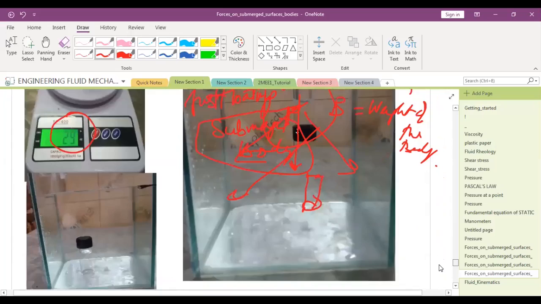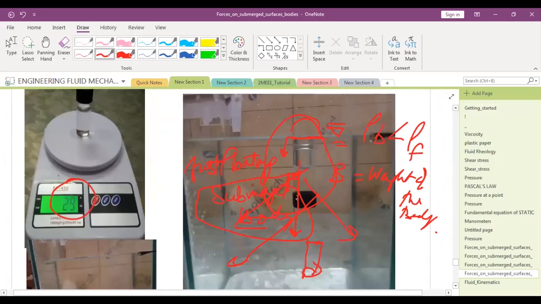So this was a fully submerged body. So what do you see? अगर आप इस ब्लैक पोर्शन को ऊपर करने की कोशिश करो तो क्या होगा? It will come back to this stable location. So it is not overturning. So it is stable.